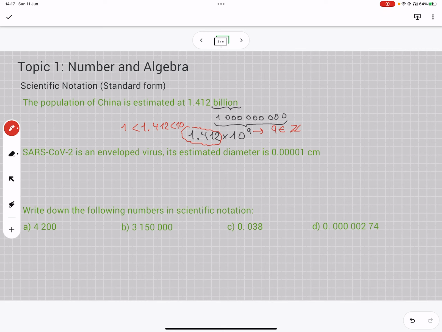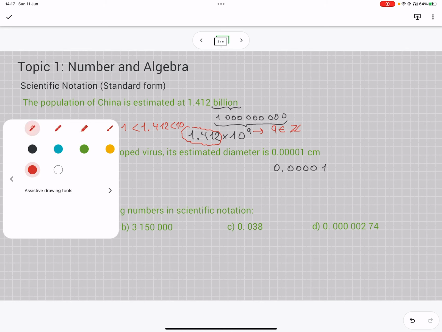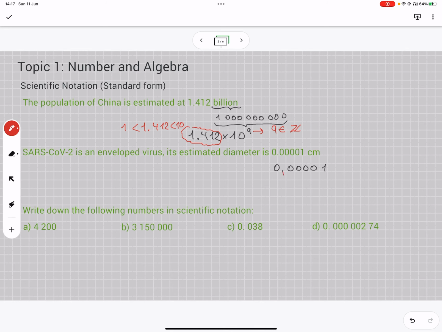Next exercise. SARS-CoV-2 is an enveloped virus. Its estimated diameter is 0.00001 centimeter. The easiest way to express this number in scientific notation is by moving the decimal point until you have a number between 1 and 10. I move the decimal point to the right, 1 place, 2, 3, 4, 5 places.